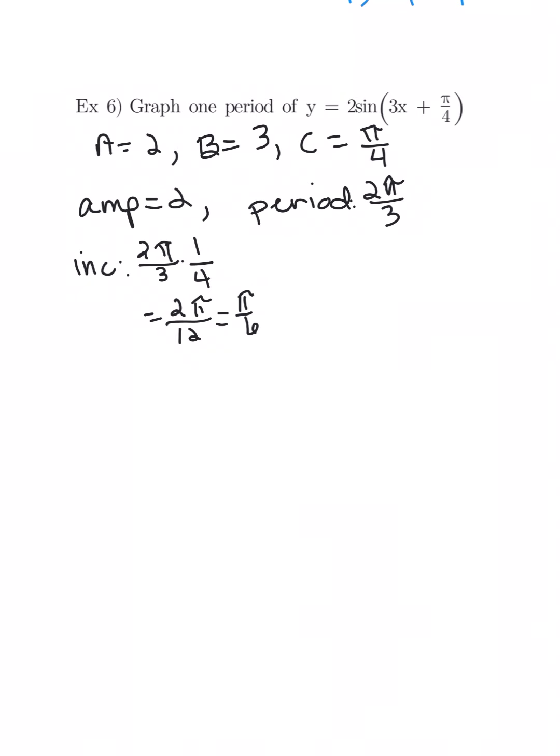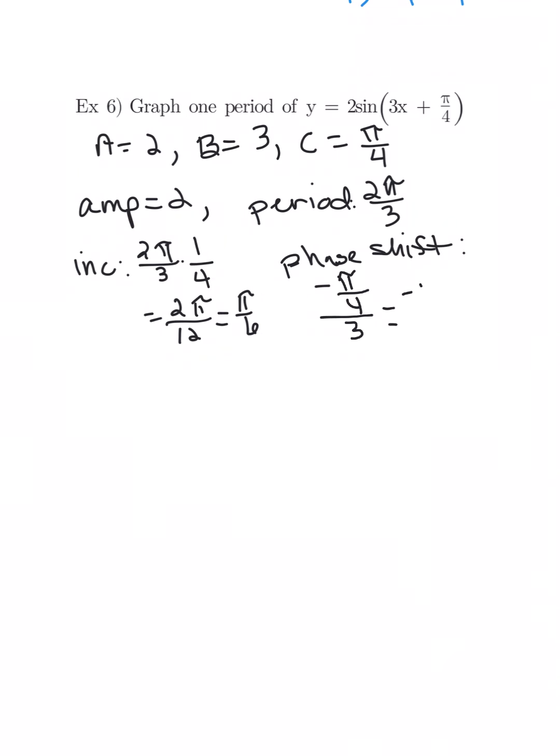Phase shift. We're going to do the opposite of our C, which is negative pi over 4, and we're going to divide that by the B, which is 3.